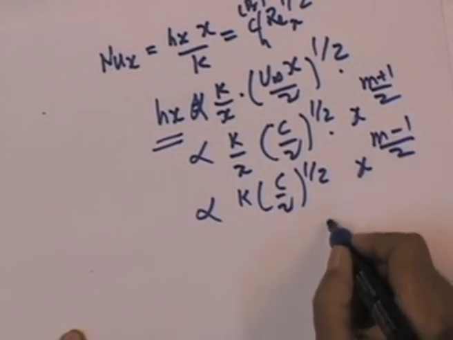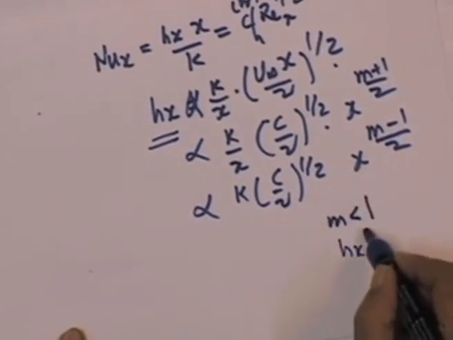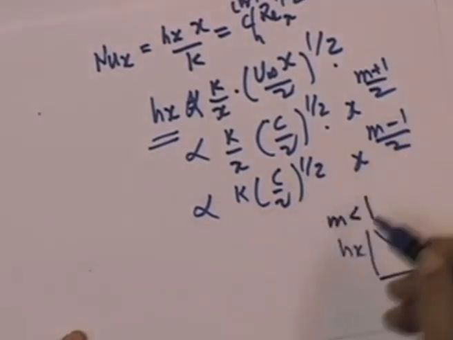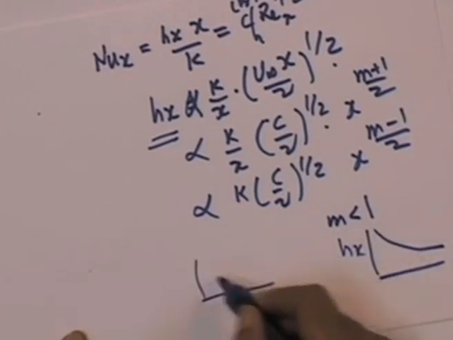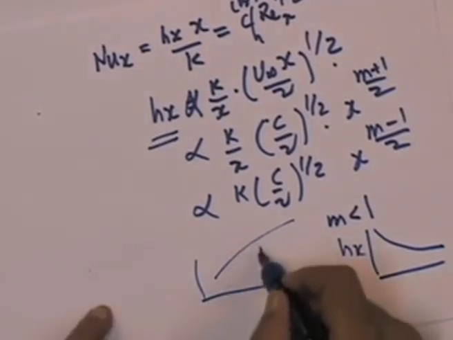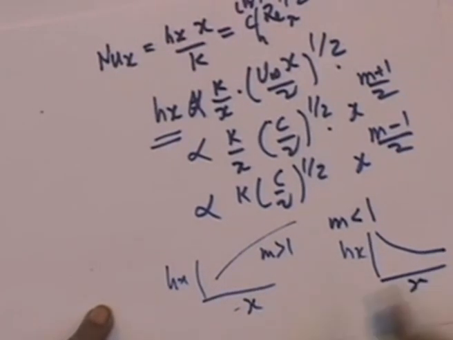So, for m less than 1, h x will decrease with x, but for m greater than 1, you could also get h x relatively increasing with x. This is something very, very important. This is for m greater than 1, h x versus x. And for m equal to 1, h x will be constant.